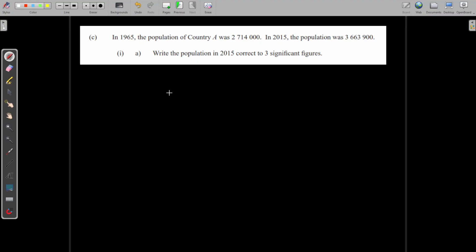Sir, is it 3.66 times 10 to the fifth? It didn't say standard form. It says three significant figures, not standard form. So how do we do this again? Kai, you did tell me you mastered this last time.